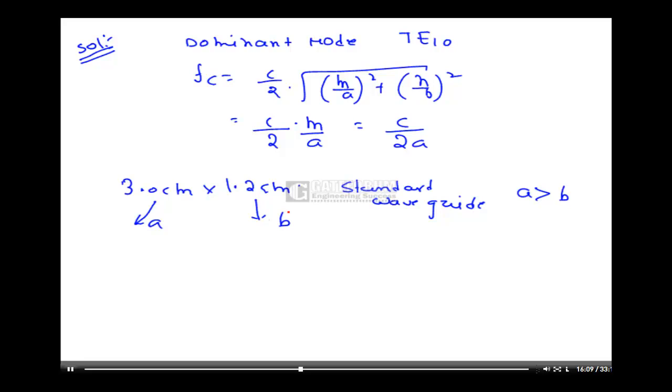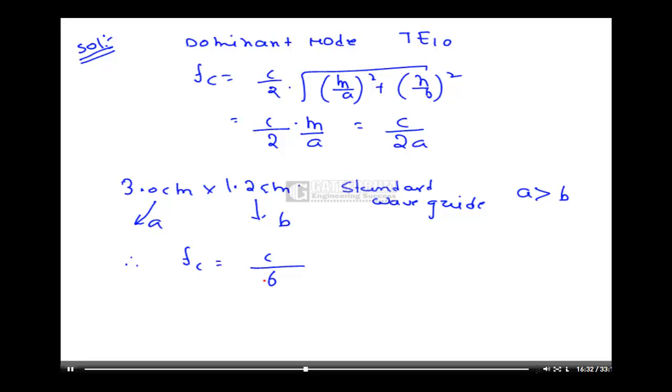The a value here is 3. Therefore the cutoff frequency is equal to c by 2 into 3. Here I am directly taking centimeters. 2 into 3 is 6, so c by 6 in centimeters.